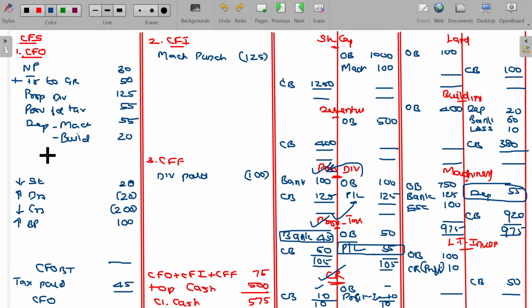Any item in the debit side is added back, like you can understand very easily. So loss on sale of asset, 10 rupees, and the 60 rupees you receive is cash from investing, building sold. You receive the money in bank, so it will go to the cash flow statement.